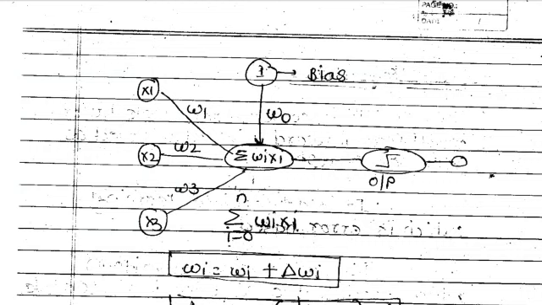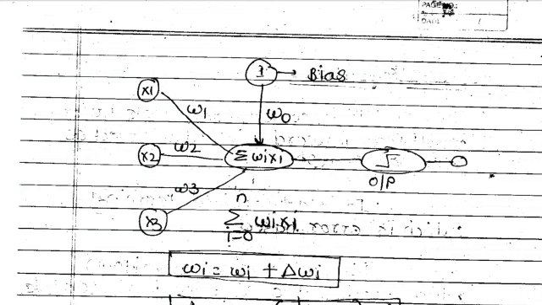If this bias input is 0, then the activation function does not work. But whenever this bias input is 1, at that time it works. Means we have to achieve our target by adjusting the weight of bias and also the weight of input.